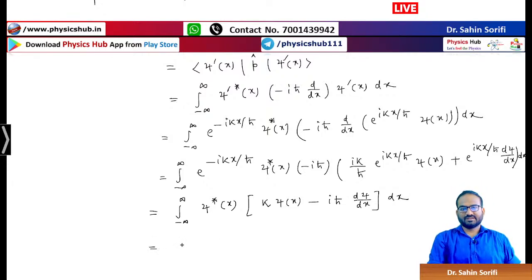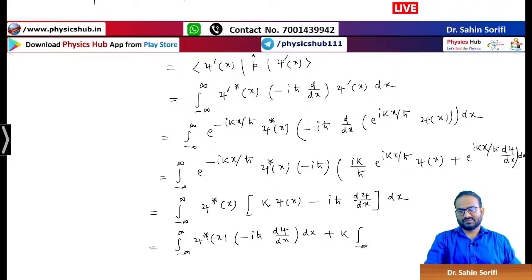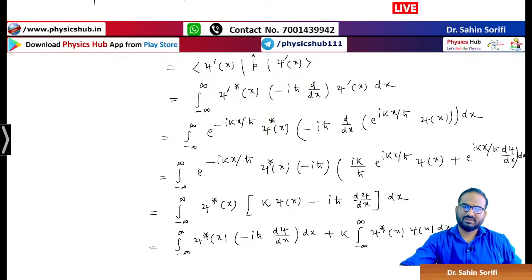Now this can be separated into two terms: integral from minus infinity to plus infinity of psi star x times minus i h cut d psi by dx dx, plus k times the integral from minus infinity to plus infinity of psi star x psi of x dx.